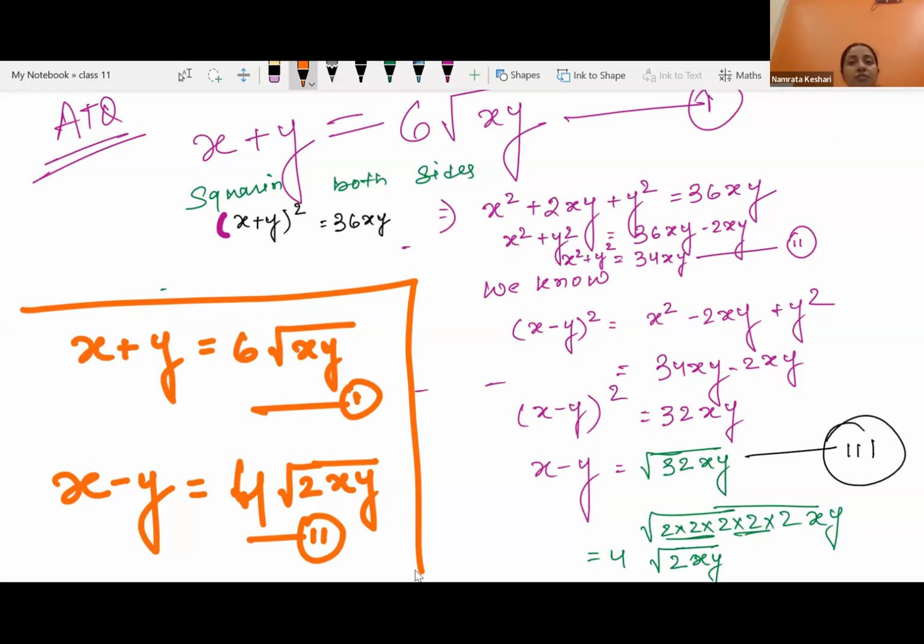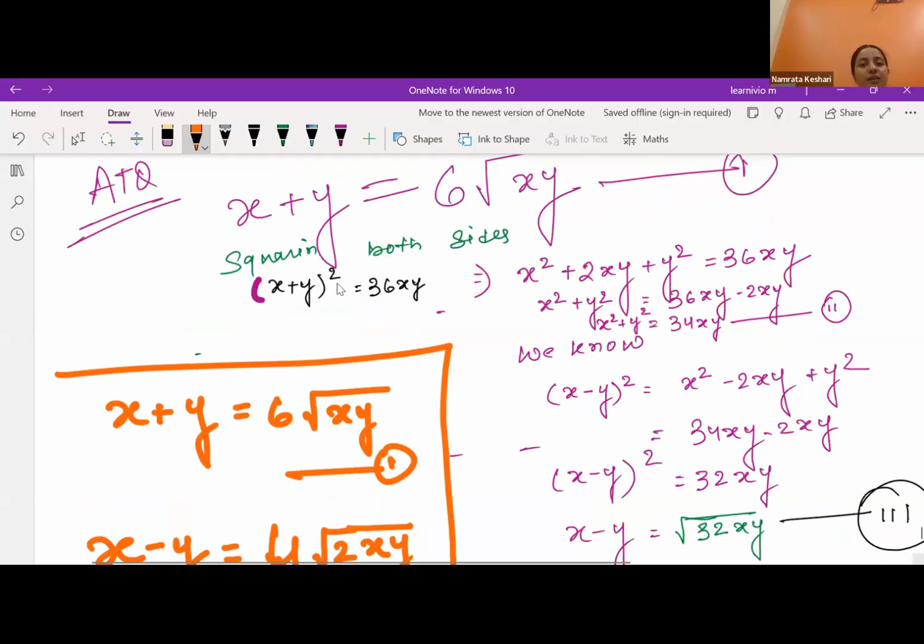And there is an easier way, so why not use the easier way to solve it, that is using componendo and dividendo. But at first we need to divide these two equations. Just a moment. Yes, before proceeding from here, anyone having any doubt, please tell me.